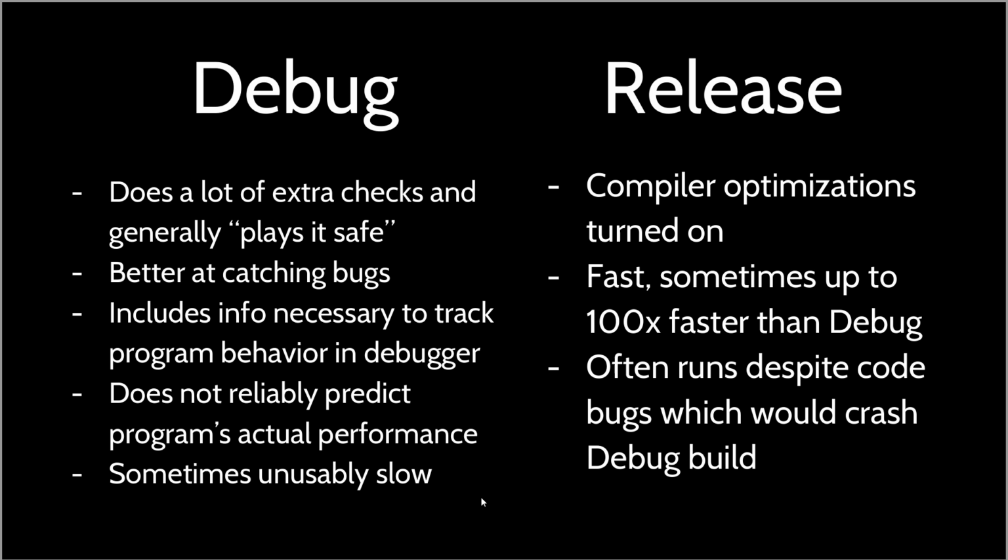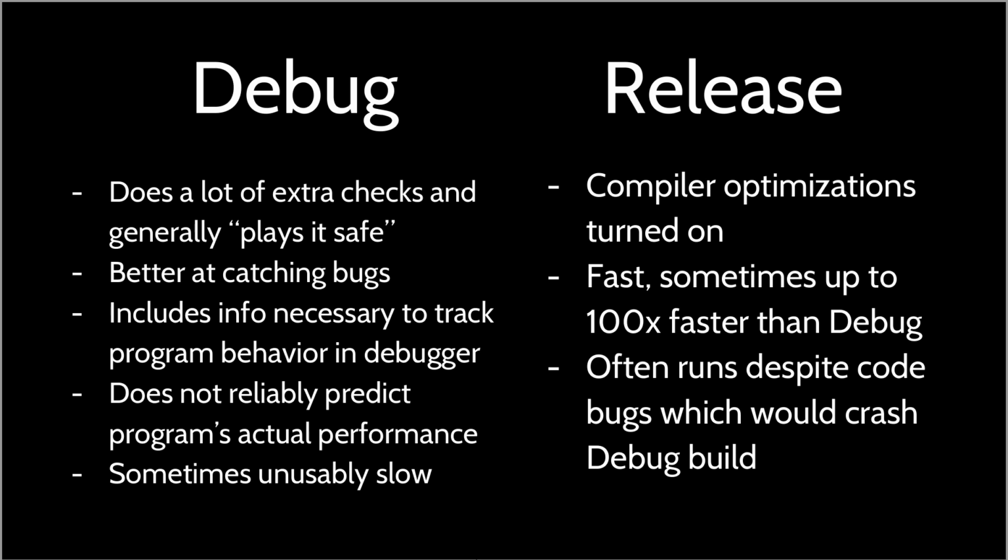It's slow, sometimes unusably so, and it does not reliably predict programs' actual performance. So the amount of slowness you get from running in a debug build is not always proportional to the speed of the release build. And the release build has various compiler optimizations turned on, and it can sometimes be 100 times faster than a debug build.